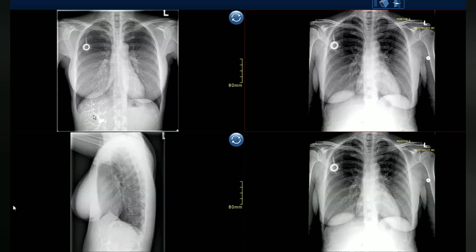Okay. So this is probably percutaneous cholecystography done or an ERCP done. Okay, so what is this? When do you place this, what is the indication? This is a central line.